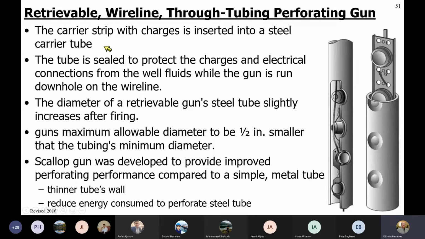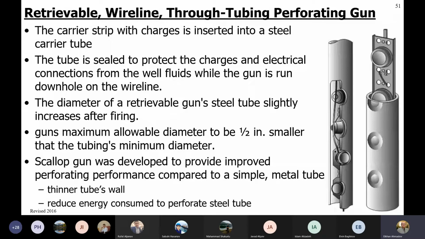The diameter of the retrievable gun's steel tube may slightly increase after firing because of the high temperature created by the perforation explosions. The gun's maximum allowable diameter should be half an inch smaller than the tubing minimum diameter, if it is through tubing.